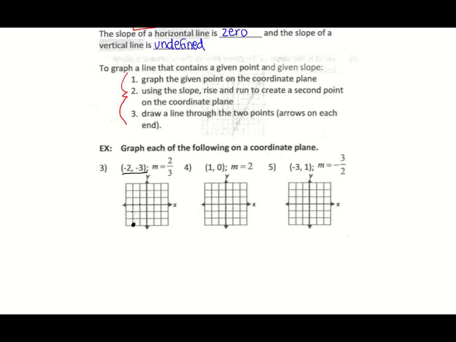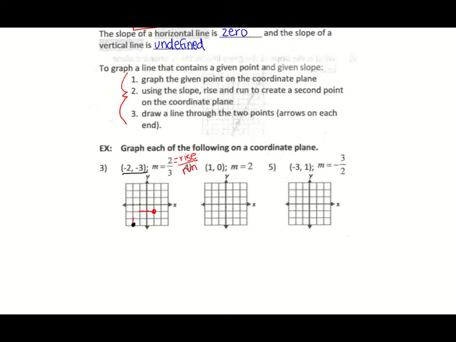That means we are going to rise 2. So from this point, I'm going to rise 2, 1, 2. And I'm going to run, go to the right, 3, 1, 2, 3. That gives my point right here.